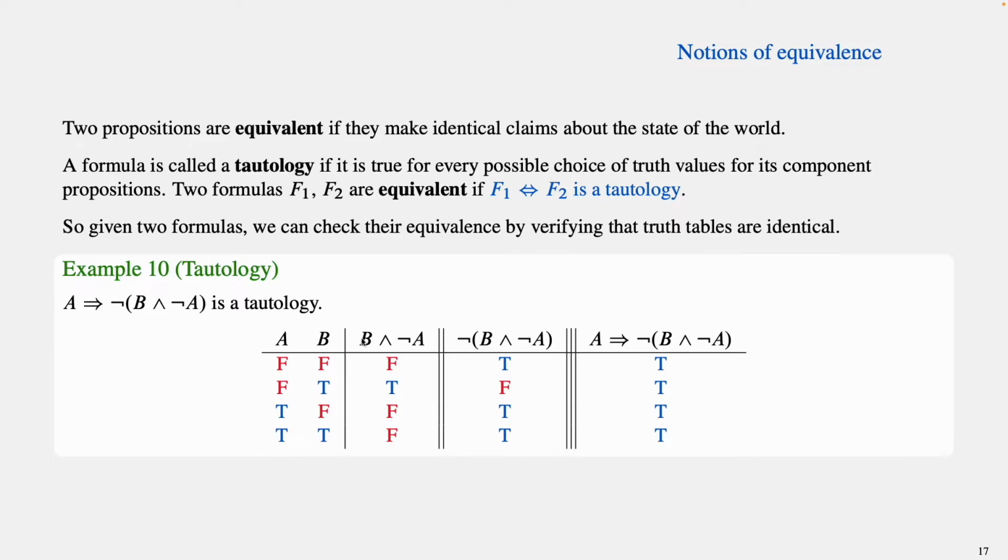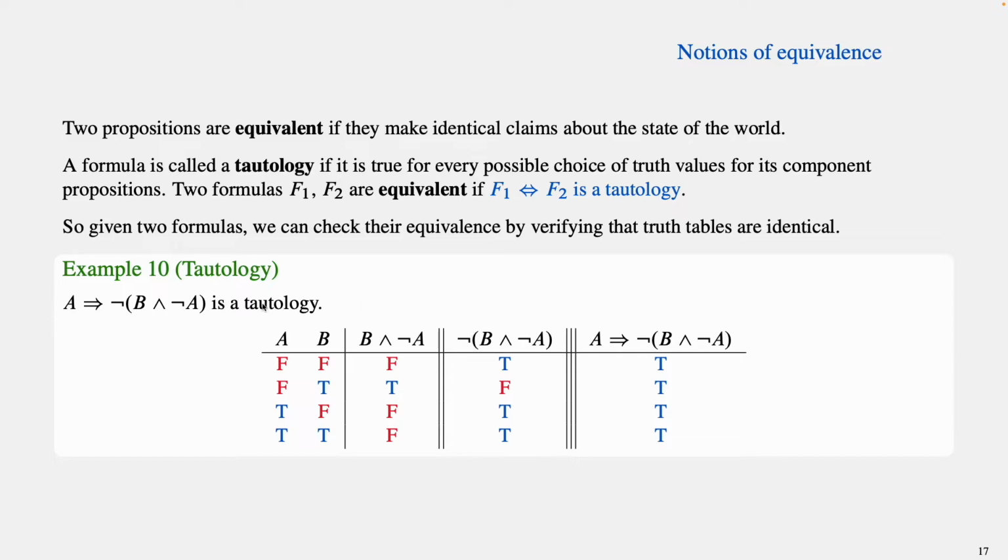This means B has to be true. And this is true precisely if A is false. So this is only true if A is false and B is true. Thus we get this column here. And negating this, so looking at this part here, it simply flips the truth values. So by flipping these values here, we get not, in parentheses, B and not A.